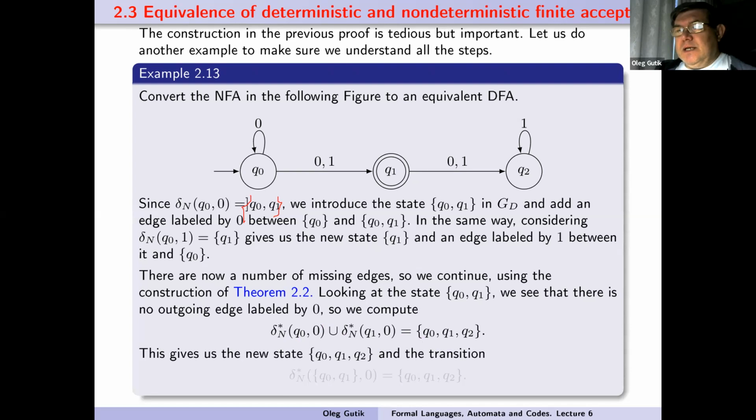This gives us a new state denoted by the three-element set {Q0, Q1, Q2}, and the transition delta star N of {Q0, Q1}, 0 is equal to the state {Q0, Q1, Q2}.